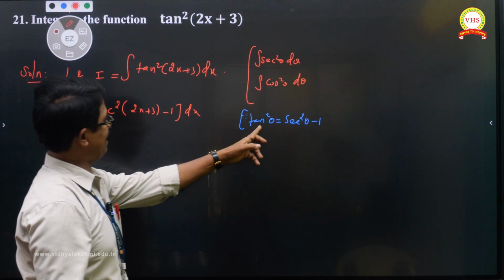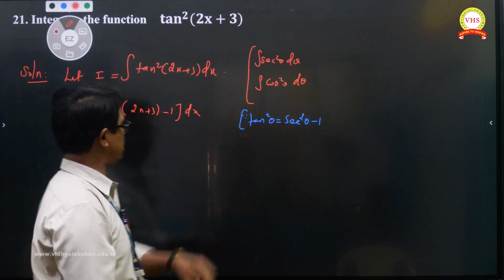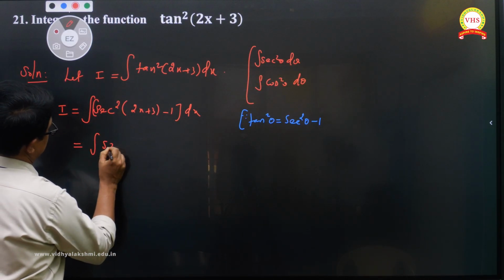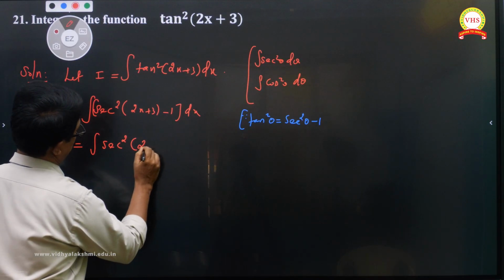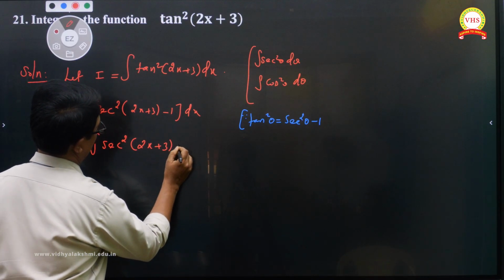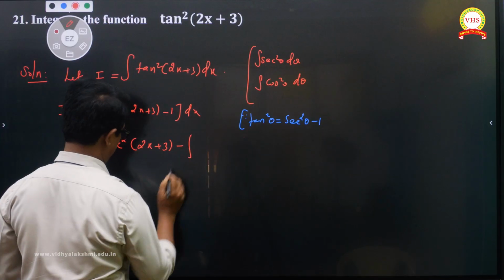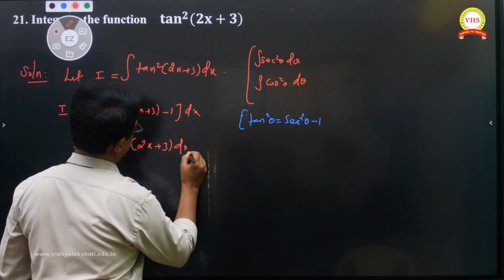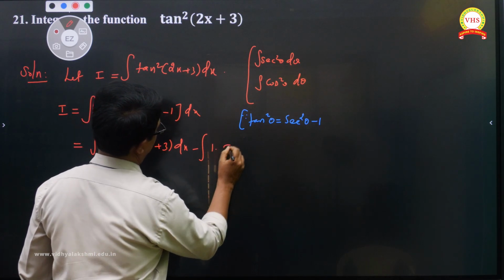So we are changing tan square into secant square, which means now separate the integral: integral secant square of 2x plus 3 into dx minus integral 1 into dx.